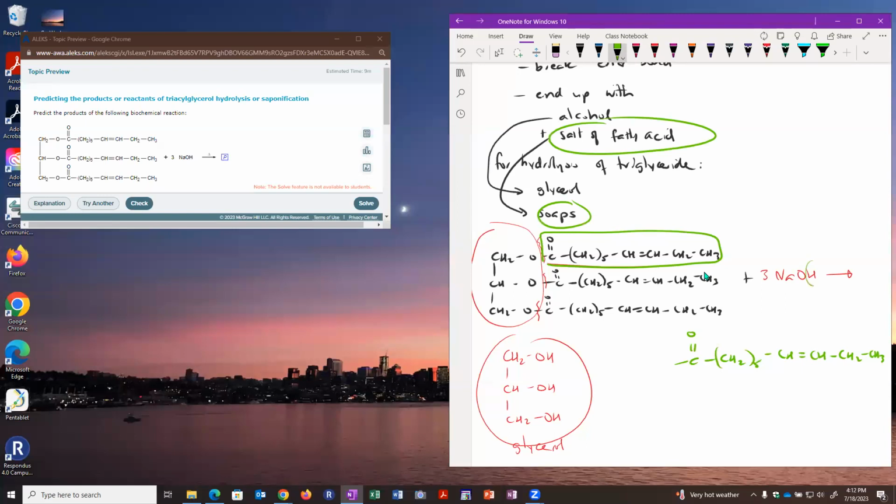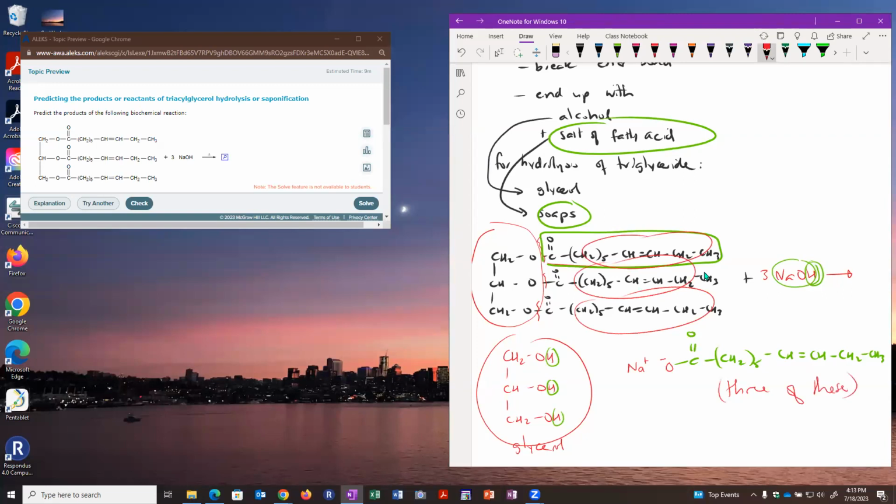The H here from the NaOH completed the hydroxyl groups for the glycerol. The Na and the O now come in, and they are going to provide the O minus, and then we're going to have the Na plus right next to it. We're going to have this 3 times that's being made, because we have 3 of these, 1, 2, 3.